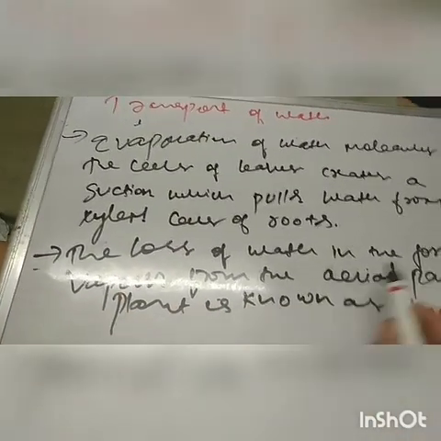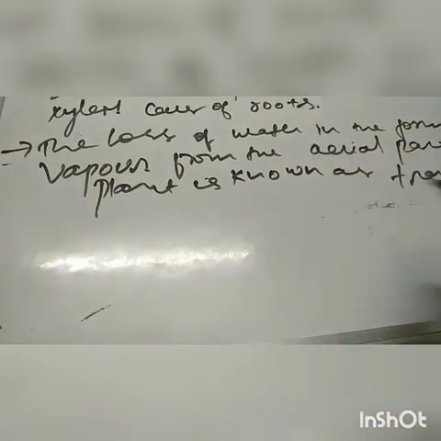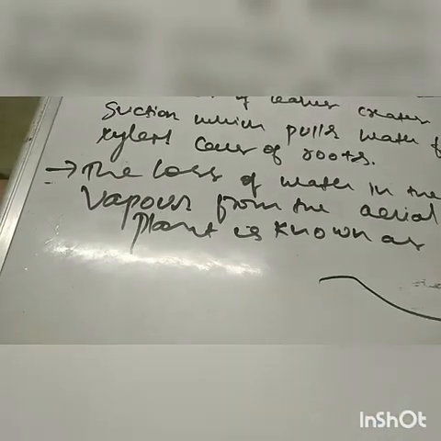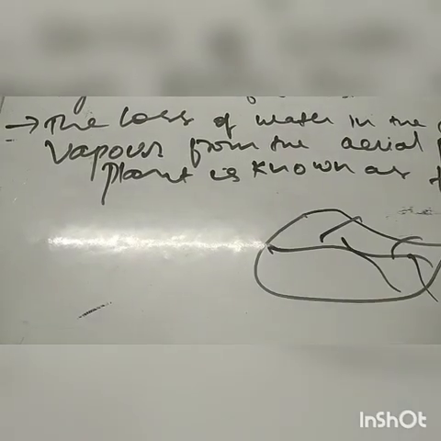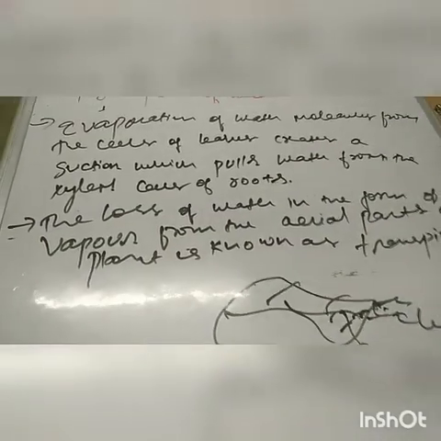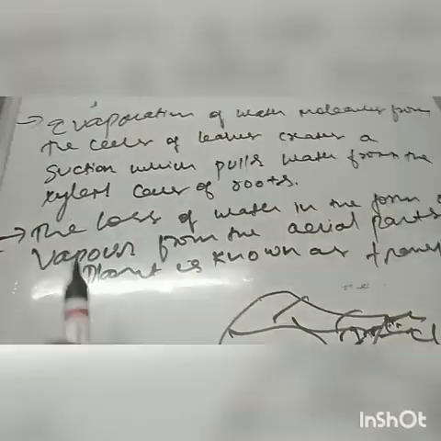So the loss of water in the form of vapor from the aerial parts of plants is known as transpiration. Aerial parts means the plant leaves. From the aerial parts, water is being lost. This is called transpiration. This point is very, very important. So I hope you are clear with the transport of water.